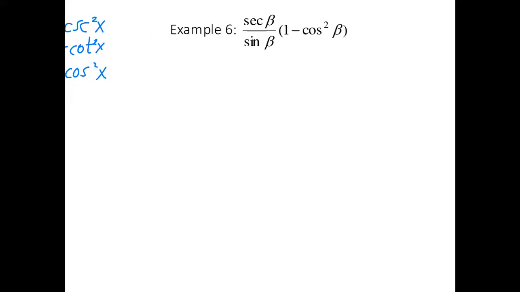All right, and then our last example, they're throwing a beta in at us this time. Right out the gate, again, notice that they gave us a couple things. First of all, everything is almost in sines and cosines except that secant. And again, I see a squared sine. So, you can start wherever you want with this. I personally think that I'm going to start with the 1 minus cosine squared.